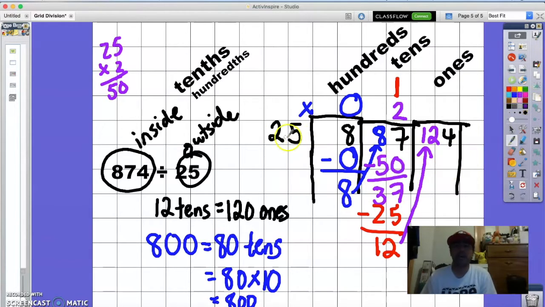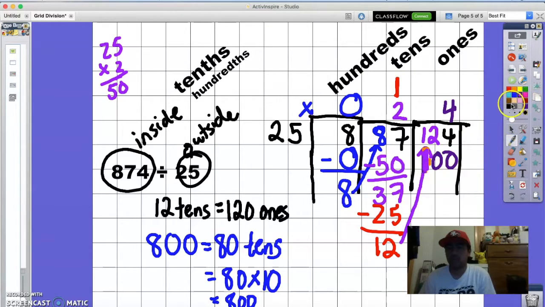Now I need to think about how many 25s go into 124. Well, I'll say 4. And so 25 times 4 is 100. That might be hard to see. This is 100. So 124 minus 100 is 24.